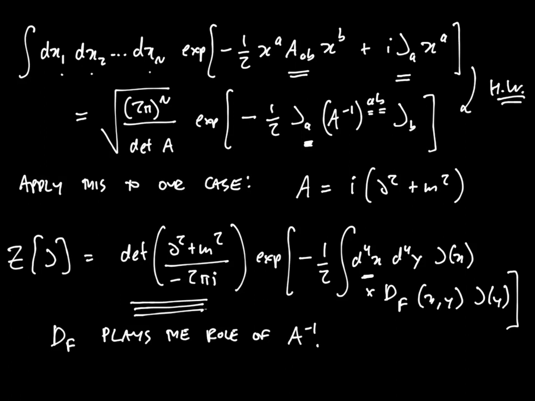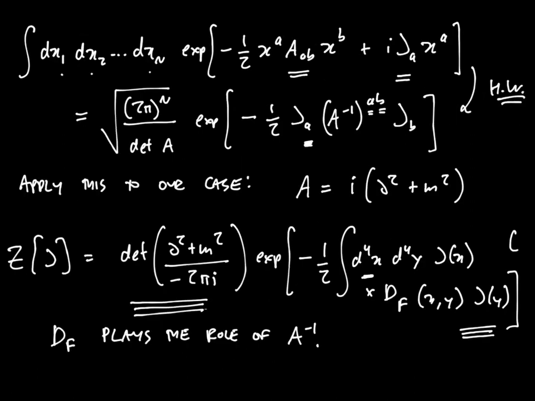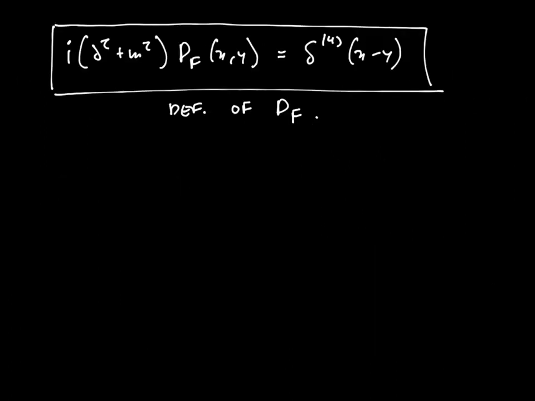Now, the next thing to note is the dependence of this object on J is actually very simple. It's the exponential of a quadratic. And recall that what we're trying to do is compute Z as a function of J so that we can take functional derivatives of it to get the two-point function. So given that, it's very easy to do this. If I call this equation star, let me now take functional derivatives of equation star.